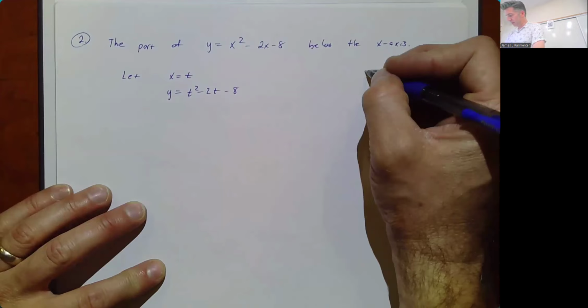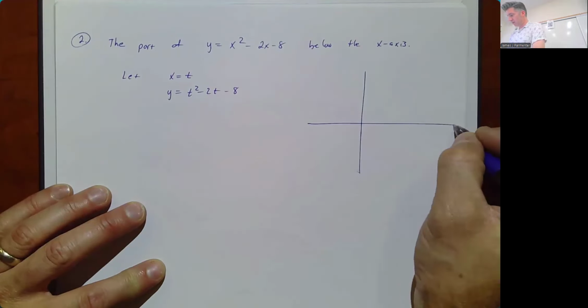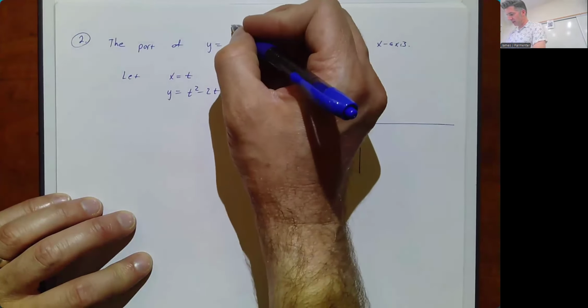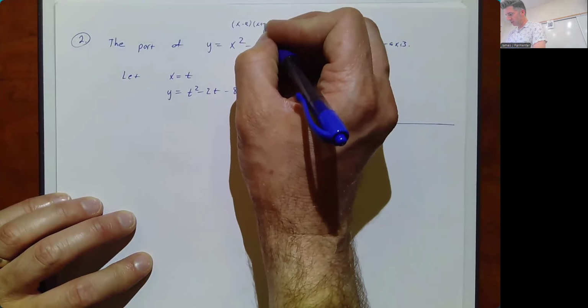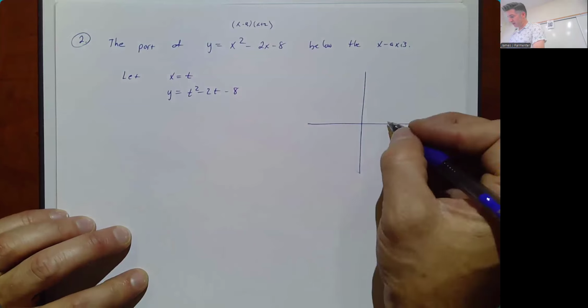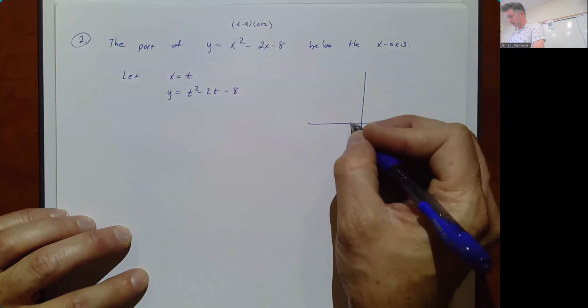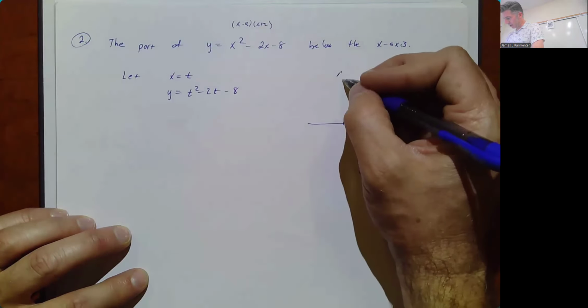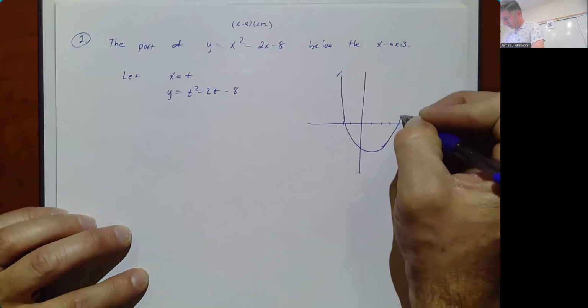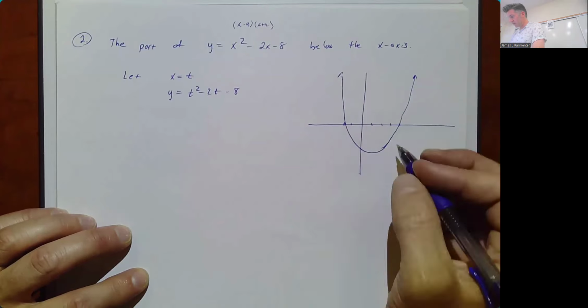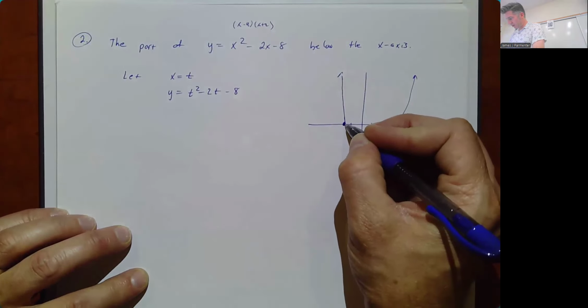If we draw this, just to have an idea of how it looks, you might factor it and see that it equals x minus 4 times x plus 2. So the x-intercepts would be positive 4 and negative 2, and it would look something like this. But I just want this part here.